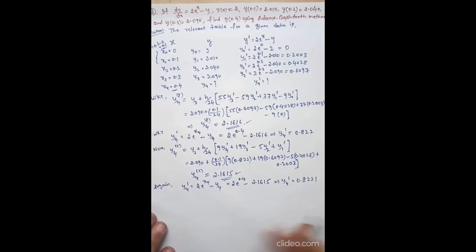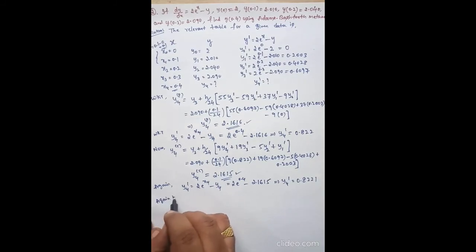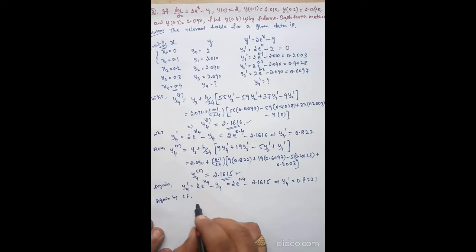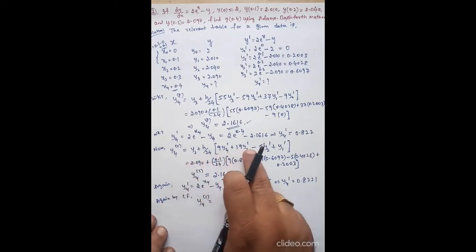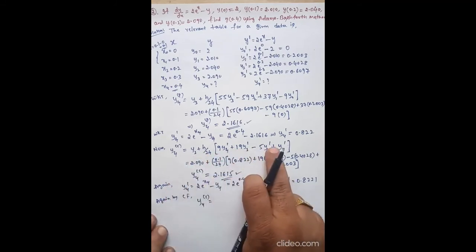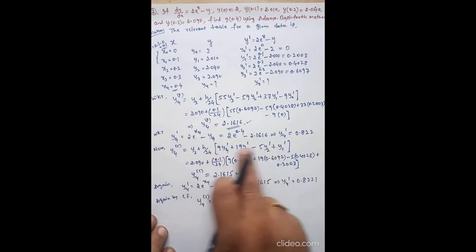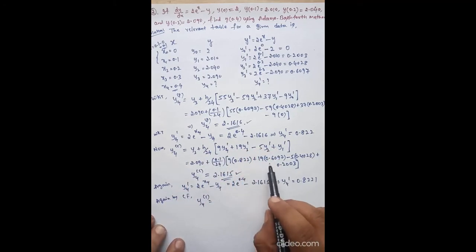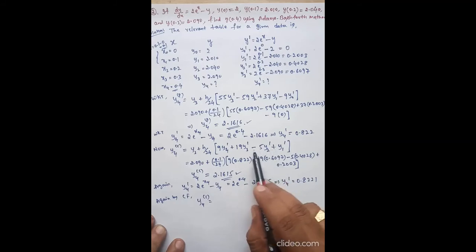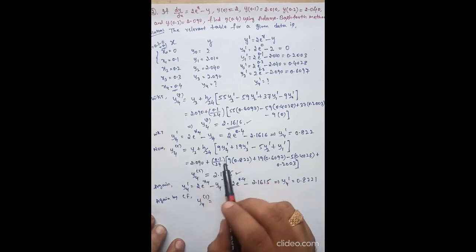So once we get y4 dash, again by applying corrector formula, that is CF, y4 power c equals, now already we have written the corrector formula, so I am not going to write the formula once again. So directly I will substitute the values in this. So by substituting, you can observe all the values are same, y1 dash, y2 dash, y3 dash, y3, h and all.